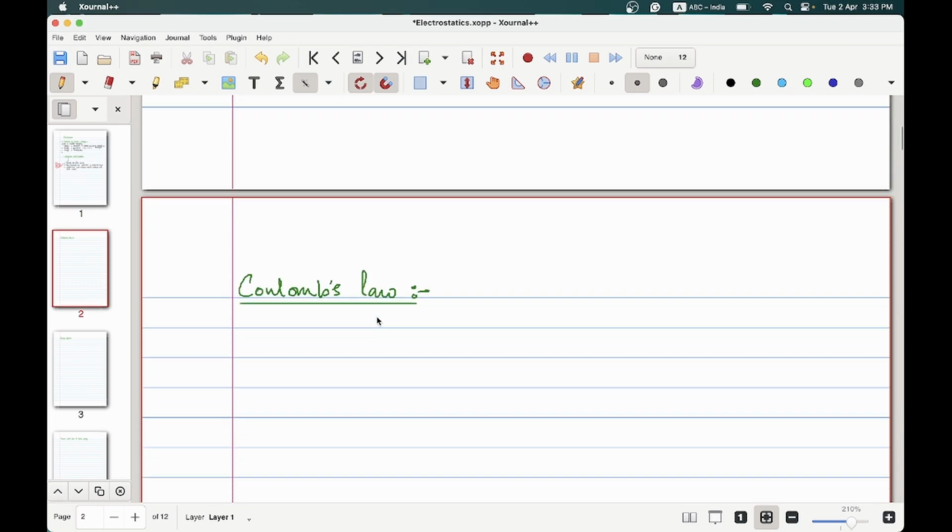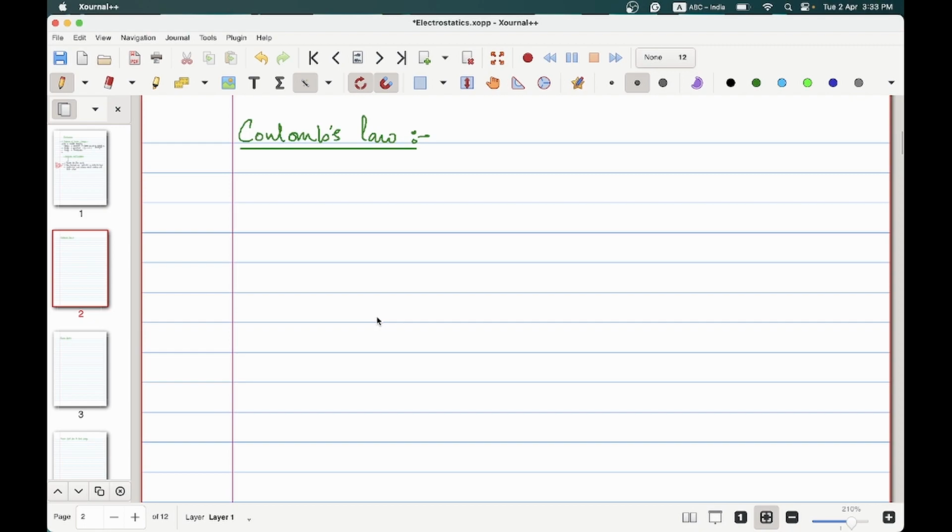Next thing is Coulomb's law. So what is Coulomb's law?